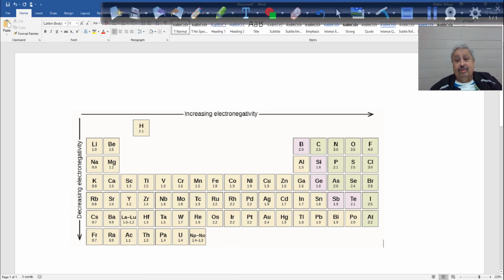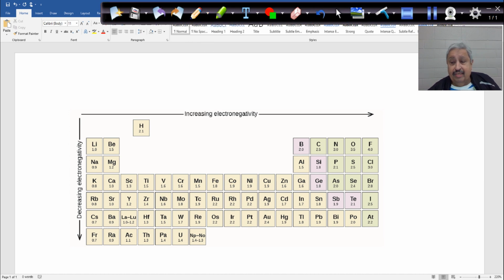This is the table of electronegativity, with the fluorine atom being the highest. It has no units, and it has 4.0.